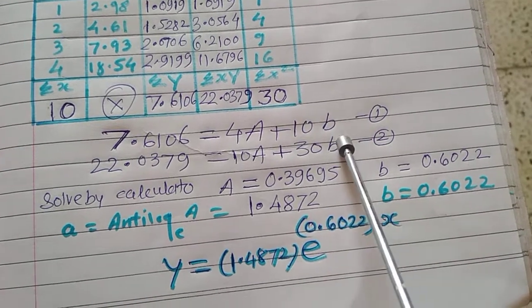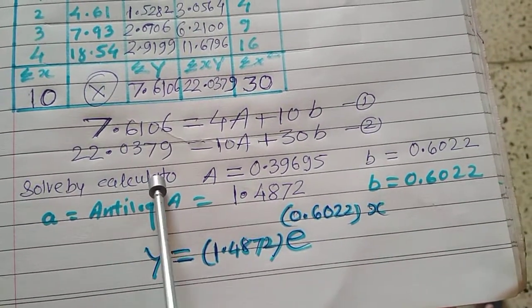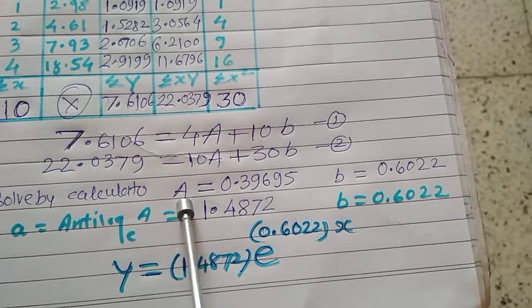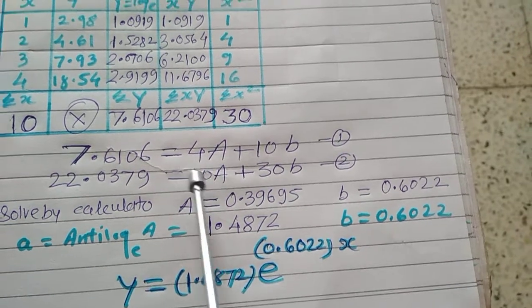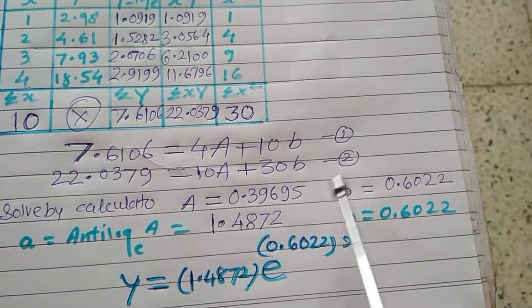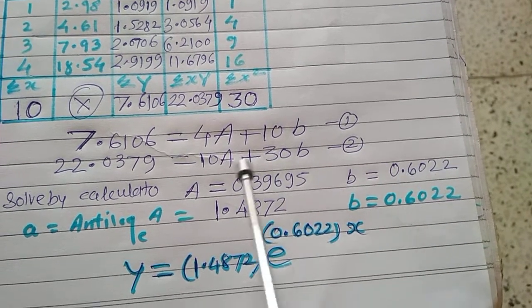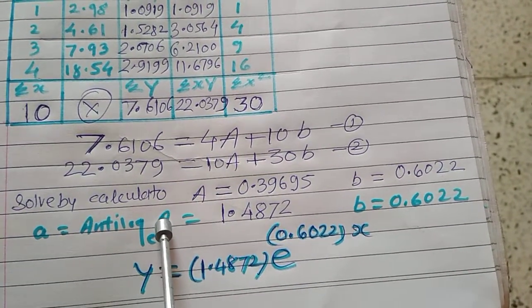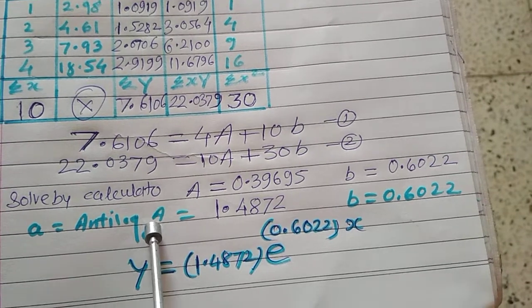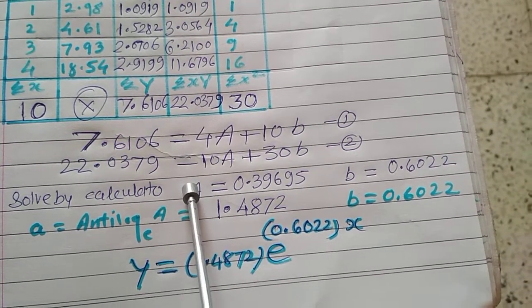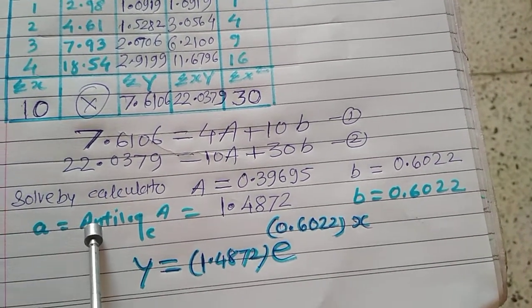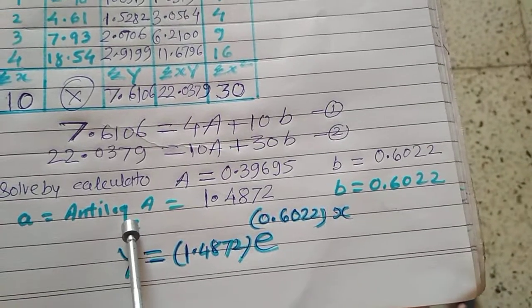Solve by calculator. When I solve by calculator, again you will get the capital A value, because in my straight line capital A is there and small b is there. Small b means the original value. Now taking anti-log, but remember again one thing, I have taken log to the base e, so you have to take anti-log of the same button.